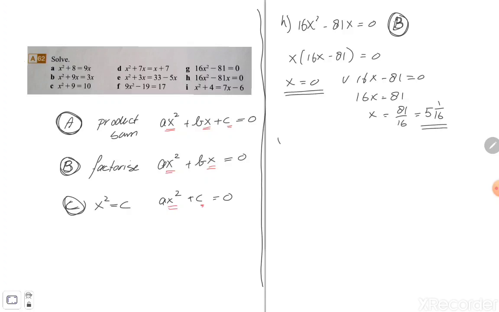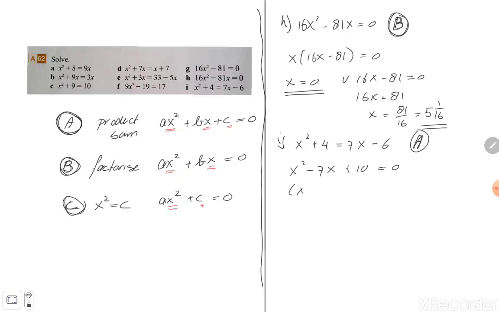And then the last one, exercise I, x squared plus 4 is equal to 7x minus 6. To choose which theory, we're going to choose theory A. So you get x squared minus 7x plus 10 is equal to 0.